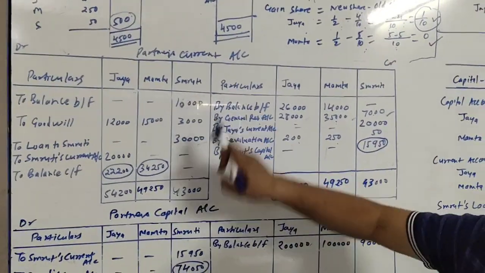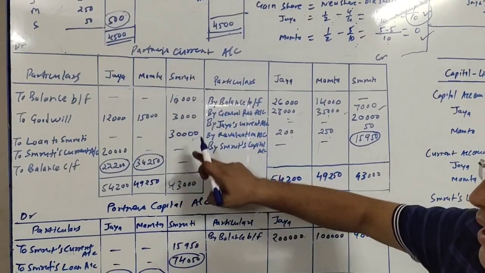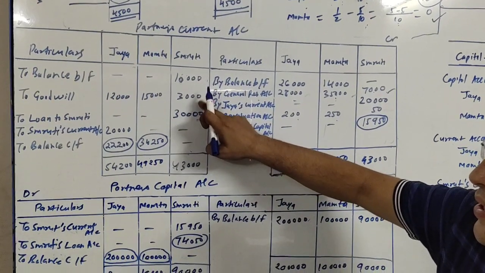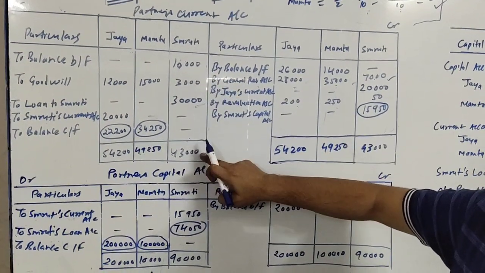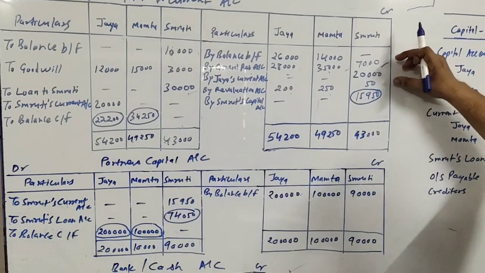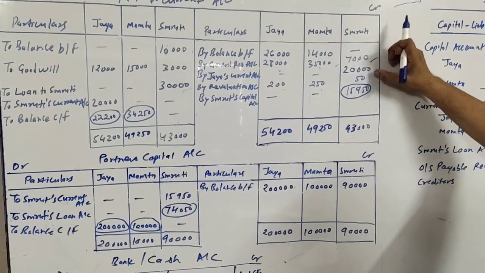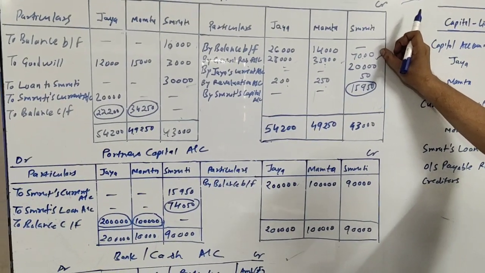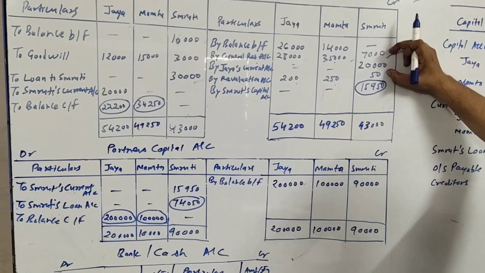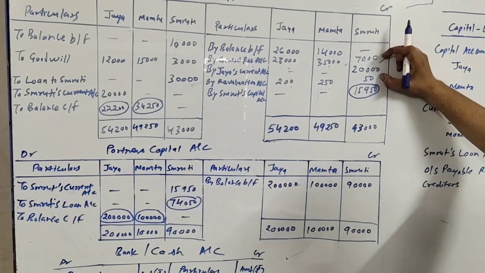So let us see. In Smruti's account, on the debit side three items are there, 30,000, 3,000 and 10,000, so total 43,000, and on the credit side there are three items, 50 rupees, 20,000 and 7,000, so 27,050. Now we will find the difference.